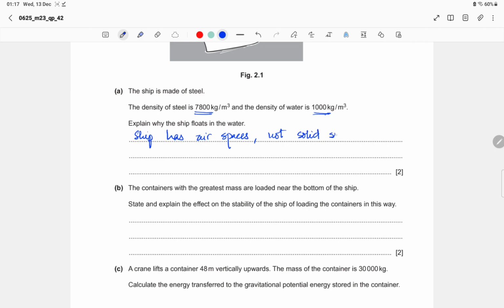There are rooms and spaces, so it's not going to sink. You can also write that the overall density of the ship is less than the density of water, so that's why it's floating.